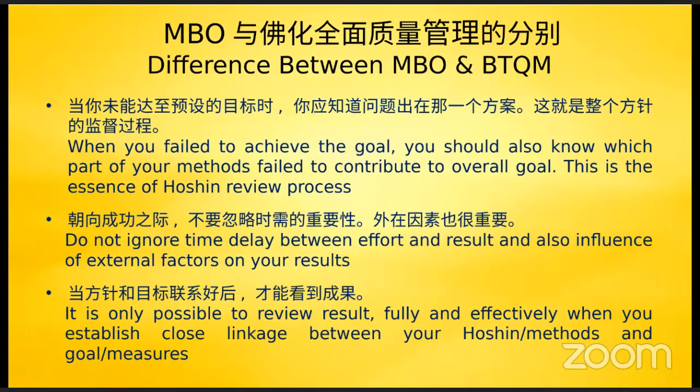So here, when you fail to achieve the goal, you are not just penalized for your failure, but you know where you have done well. You know which are the areas that you need to continue to work on.